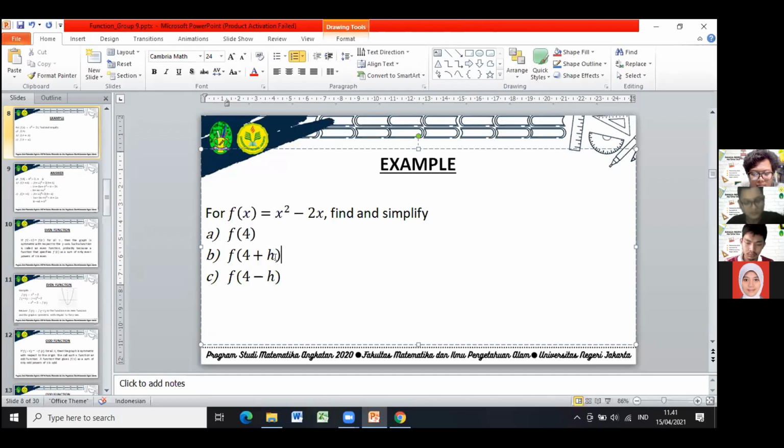There is no variable h. But in question B, we have f at 4 plus h.